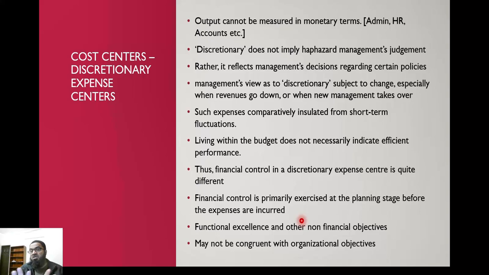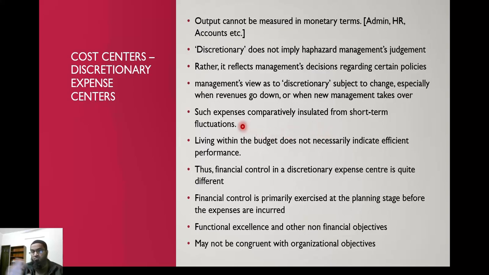You can buy three more computers, three more printers in the next period, right? Although these are discretionary expenses, the top management can put some limit, which eventually restricts the discretionary power of the managers. Now, these expenses are comparatively insulated from short-term fluctuations.